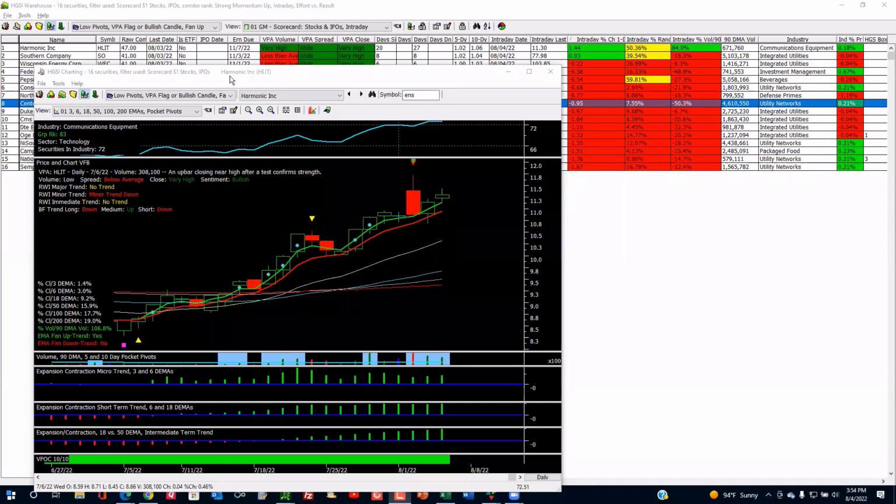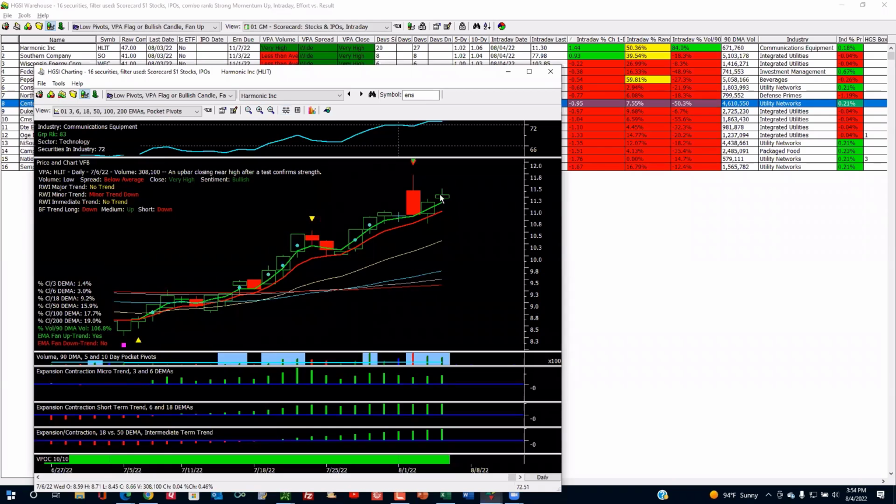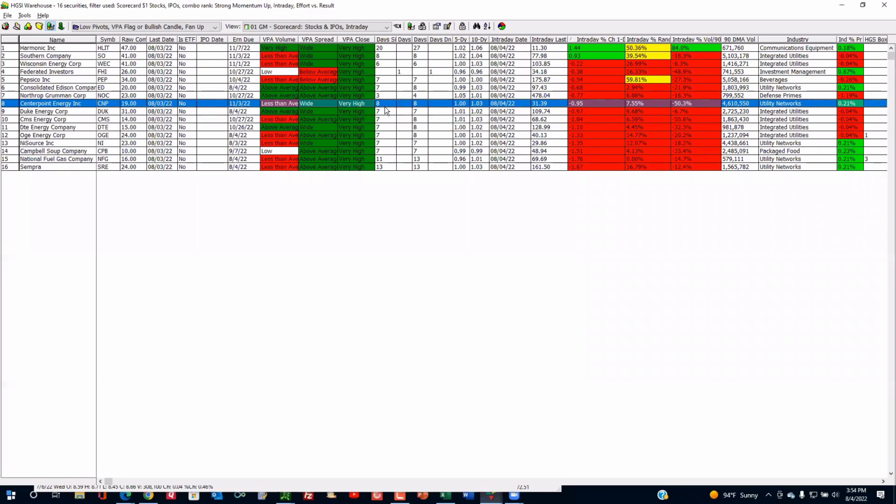So, strongly trending stock, Harmonic, Communications Equipment. Earnings are out. It's kind of a spinning top today, but you can see buyers came in to support it yesterday. The 3 is above the 6. How old is the signal? 9 days on both the VPOC and the 3 crossing the 6.